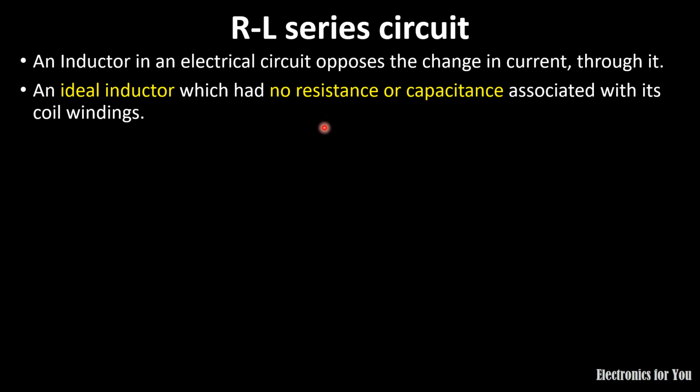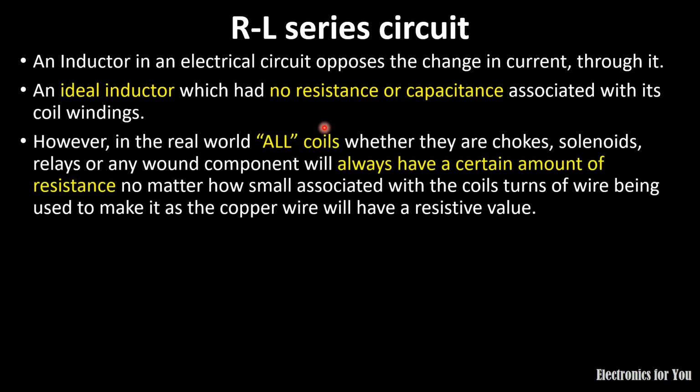But in general, the inductor is nothing but a coil, and a coil is made up of wire. So definitely a wire will have resistance, and therefore the inductor will also have its own resistance. So all coils will always have some amount of resistance, maybe too small or too large, but definitely it will have resistance.